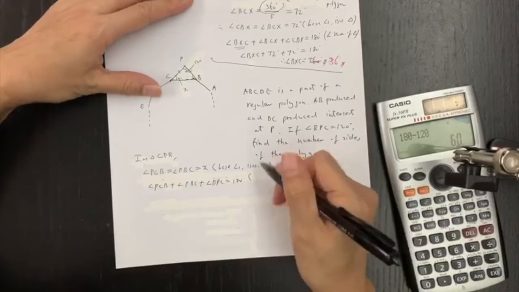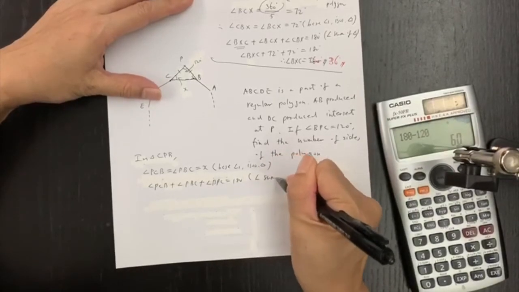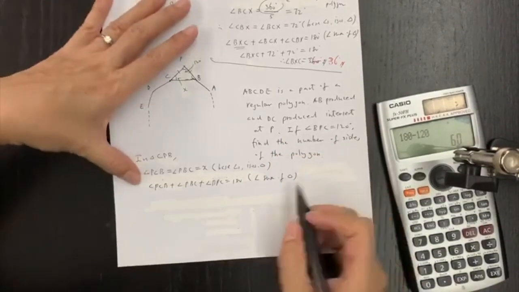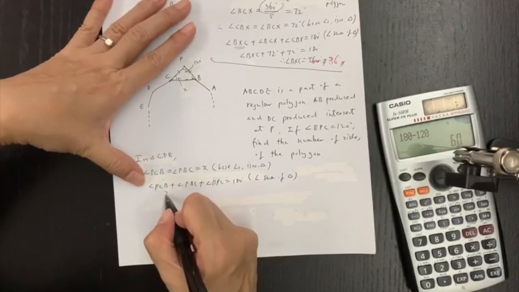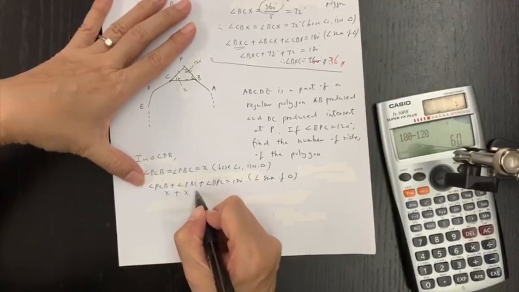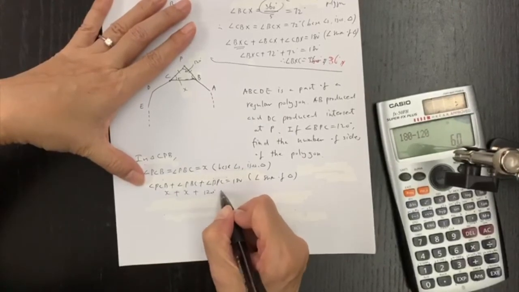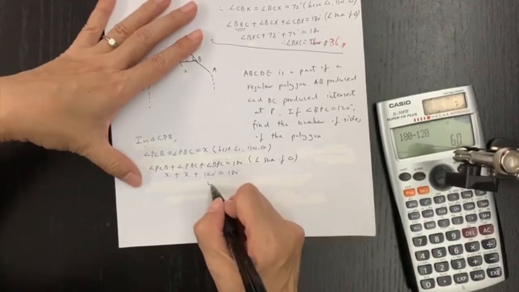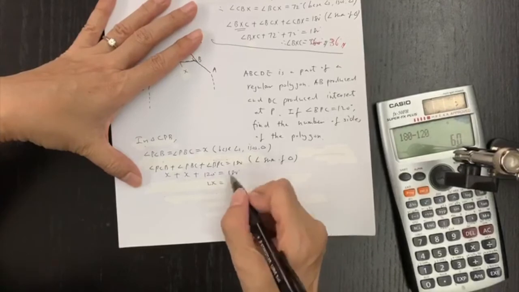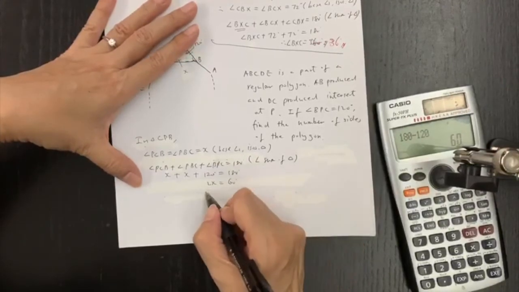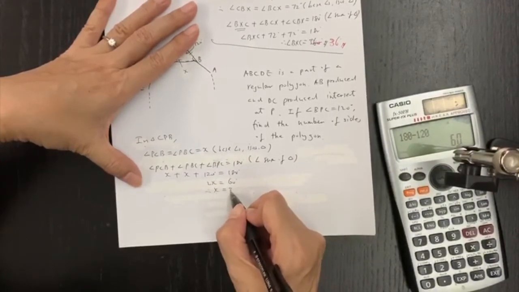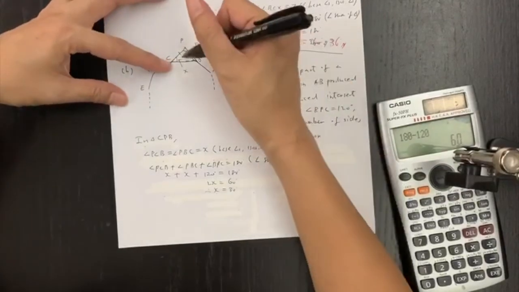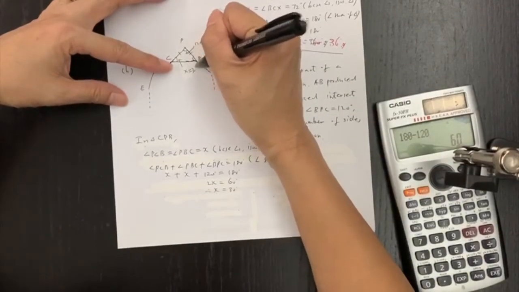Reference: angle sum of triangle. Now I can do substitution. This is x, this is also x, this is given to us as 120. So I have 2x, move the 120 to the right-hand side, that is minus. So what is x? x is equal to 30.